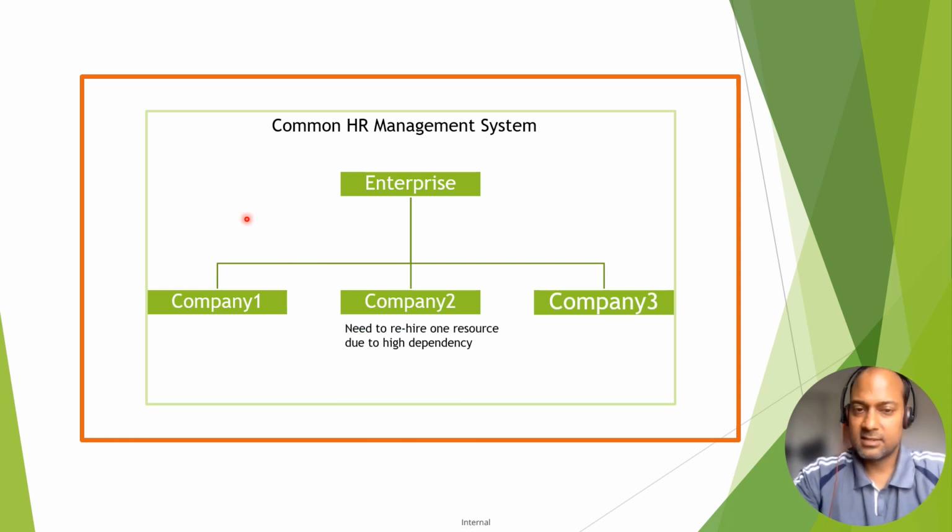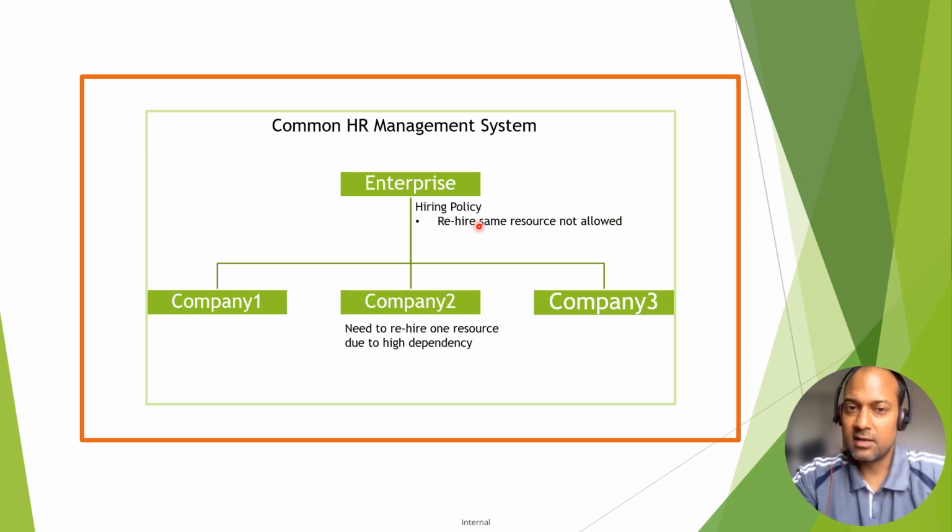Now, let's say in company two, there is one resource who has resigned, but there is a very high dependency on that resource and company two wants to rehire them, but they cannot do it. The reason is that there is an HR hiring policy at the enterprise level that drives all the company HR policies, which says rehiring the same resource is not allowed.